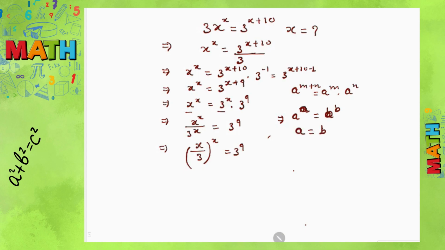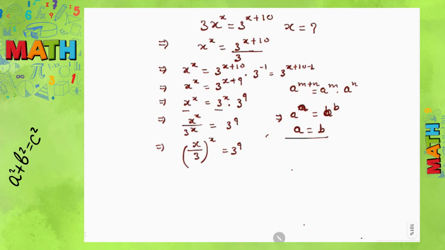This is one of the algebraic equations. So we have to convert to a^a and b^b. In that case, a will become b. Both the powers will be equal. Let's see how to do that.